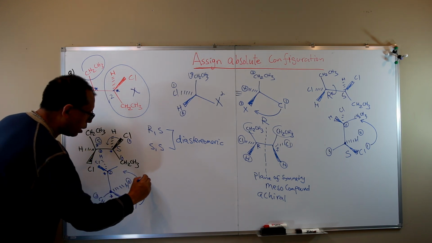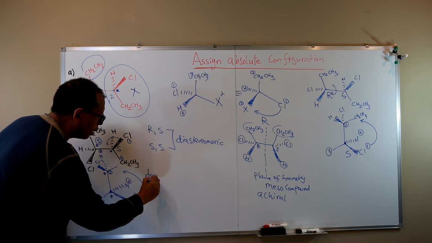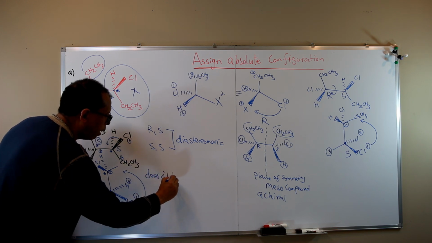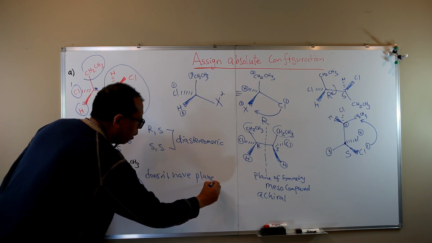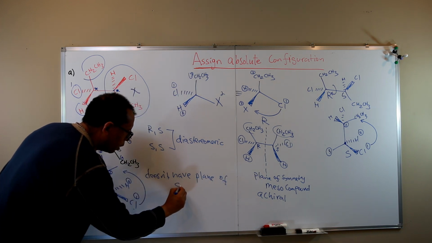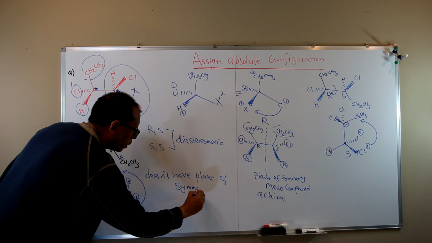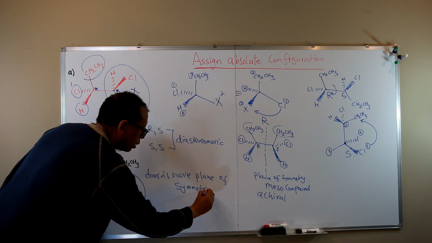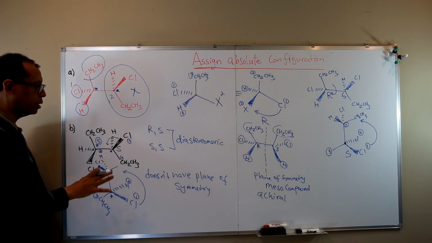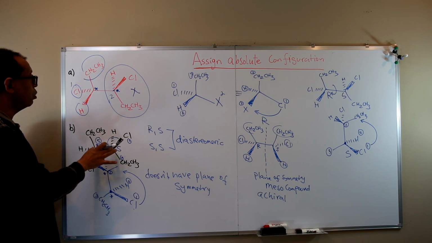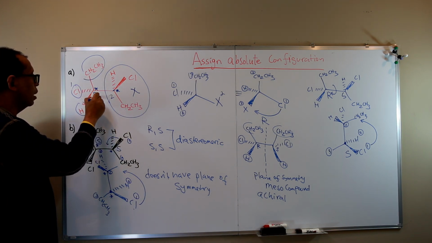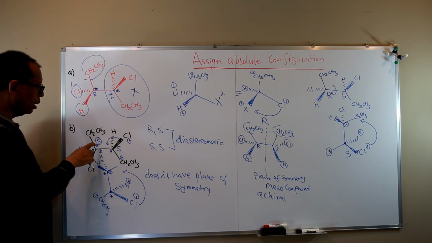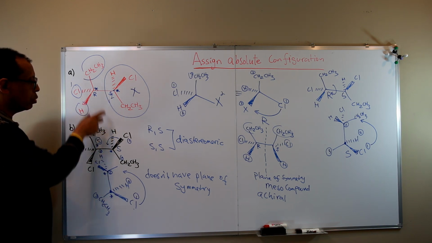This one does not have a plane of symmetry. So we have identified several things here, the relationship between these two. This is obviously what we have identified as RS. SS is not a mirror image to that.